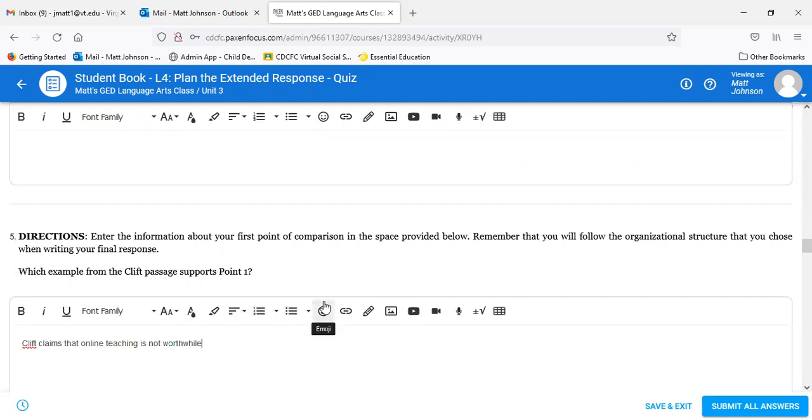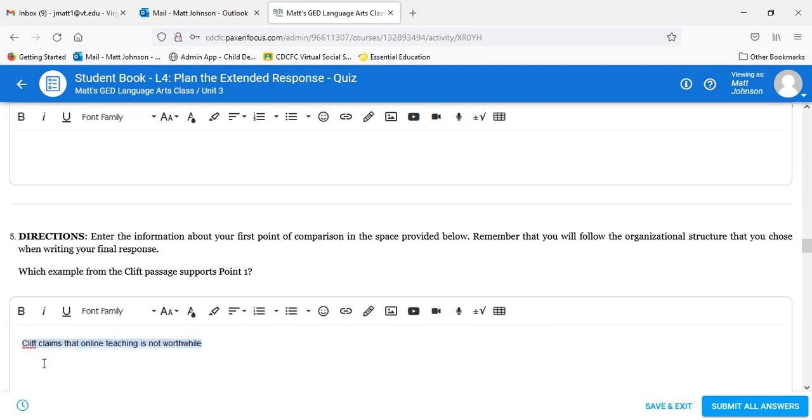Now you see how we're stepping down, if you're visualizing an outline. We start with the main claim, point of view. Then we give a little bit of explanation as to what those arguments are. And now we're getting into more distinct evidence. So she's claiming that teaching online is not worthwhile.